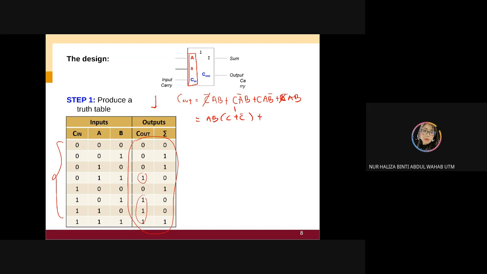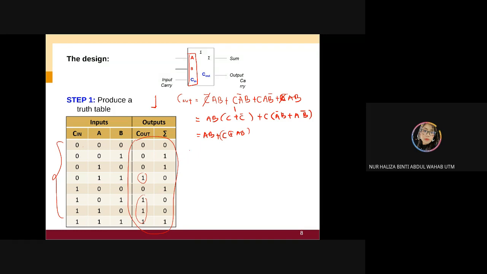Plus my C times A bar B plus A B bar. I'm going to have AB plus C, this will be XOR AB, I guess so. Let me double check this one. Is my answer correct or not?